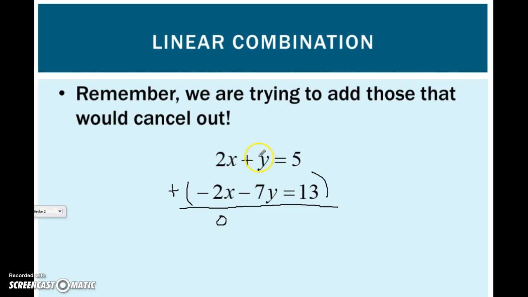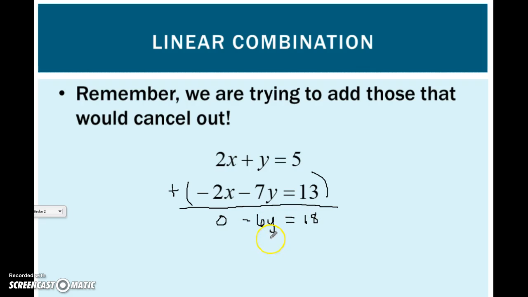And I have y, or 1y, plus a negative 7y. Think of it as 1 plus a negative 7, which equals a negative 6y. And then 5 plus 13 is 18. So negative 6y equals 18.